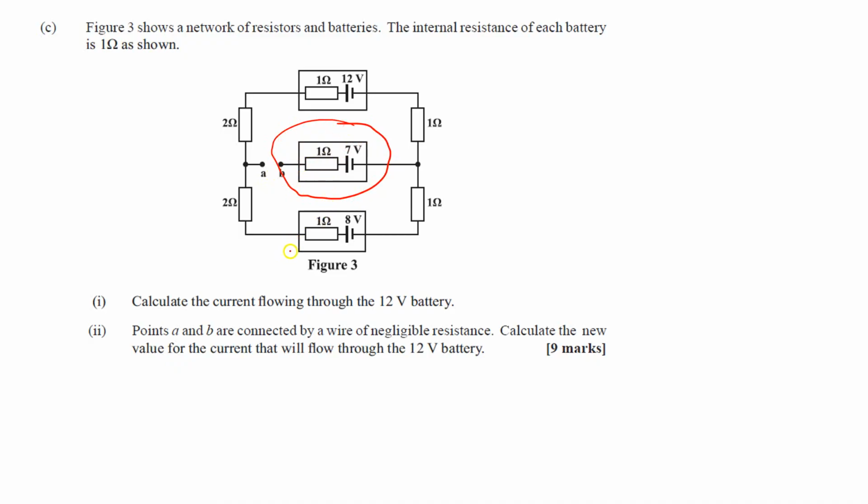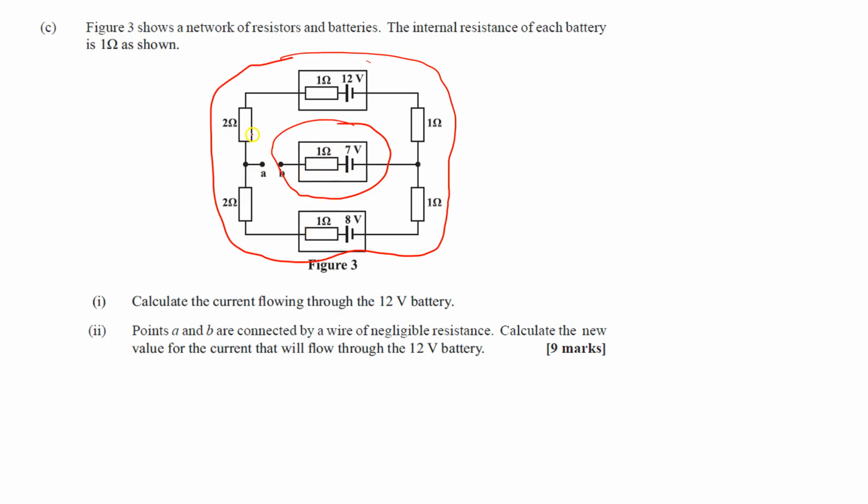What we're looking at is all of these things around here that make up this entire circuit. So this 5 volt battery and this 1 ohm internal resistor will not be incorporated in this.